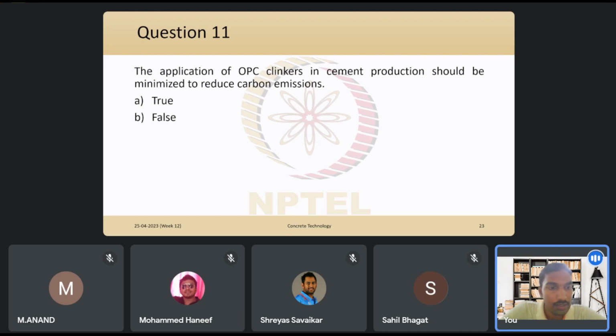One more thing I wanted to say is that one of the answers given for the previous question was ultra high performance concrete. When we say ultra high performance, it is somewhat generic. It's not related to any one specific property. Performance could be characterized based on different properties. Ultra high performance for one application could mean higher workability, so the concrete which gives you higher workability is highly performing.